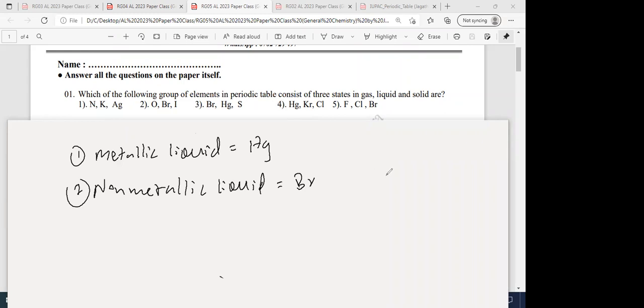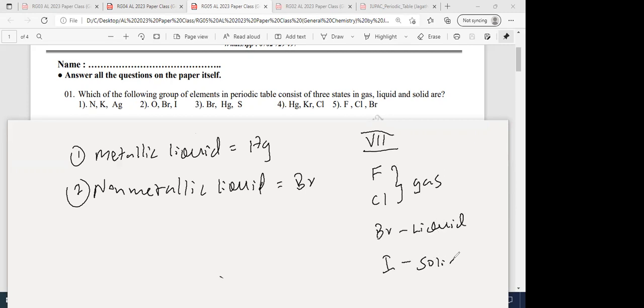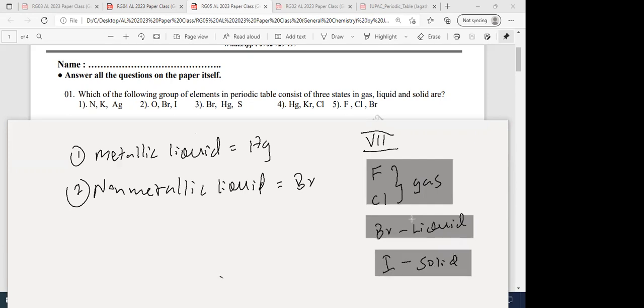And the other most important thing, the only group in the periodic table which contains all three physical states, solid, liquid, gas, is group 7. Fluorine, chlorine, bromine. This is actually an A-level past question. Fluorine and chlorine are gases, bromine is a liquid and iodine is a solid. So this is the only group which contains all three physical states.